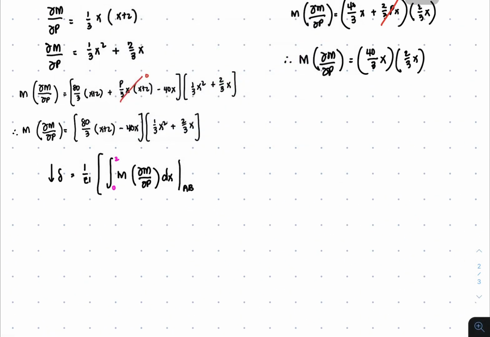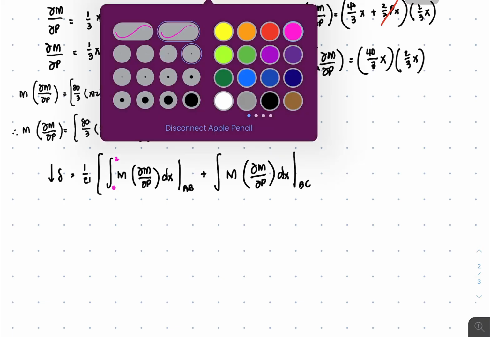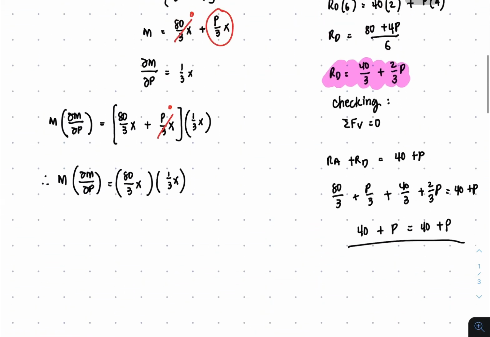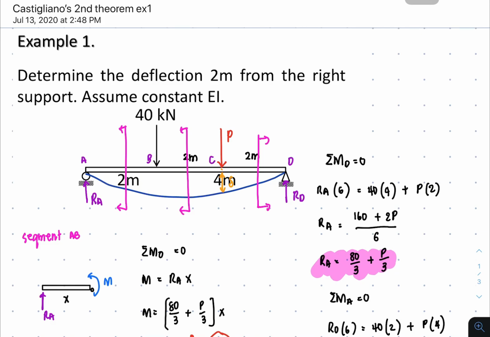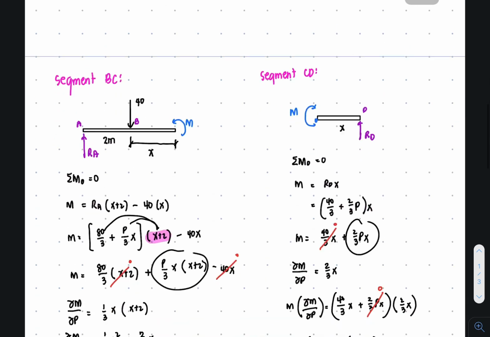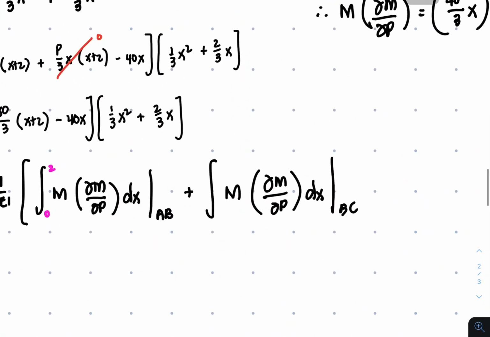Next, we're going to add the integral of the next segment dx from B to C. The length for B to C, as you observe, is 2 meters. So the limit is from 0 to 2.